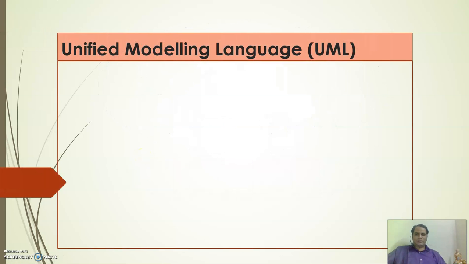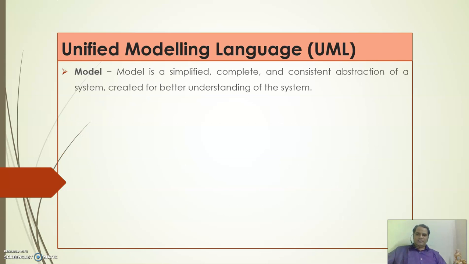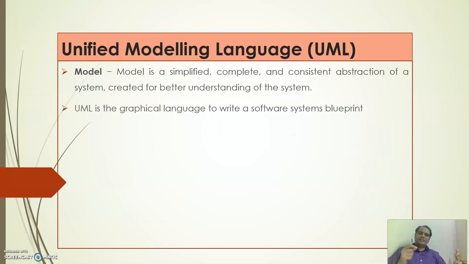Let us try to understand a bit of the UML part. Basically, a model is a simplified, complete and consistent abstraction of a system, created for better understanding of the system. UML stands for Unified Modeling Language. As we communicate with English to understand each other, in modeling we use diagrams. UML is a graphical language to write a software system blueprint.